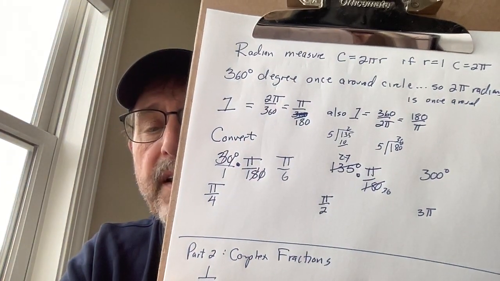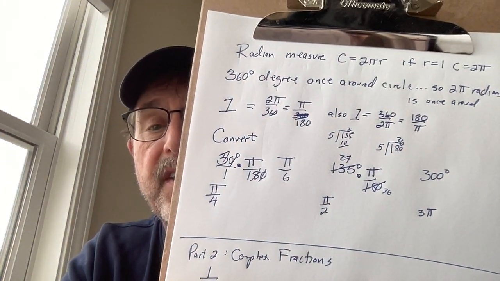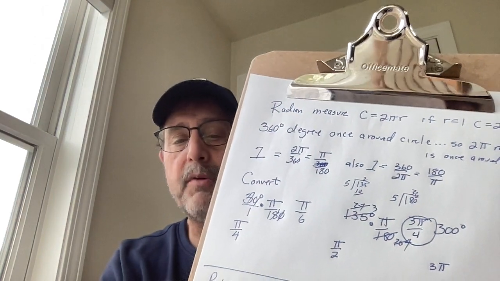So it went in 5 times to get us that, and now I can see 9 goes into both of those. So that's a 3 and that's a 4, and I get an answer of 3 pi over 4. All I was doing was reducing the fraction 135 over 180.